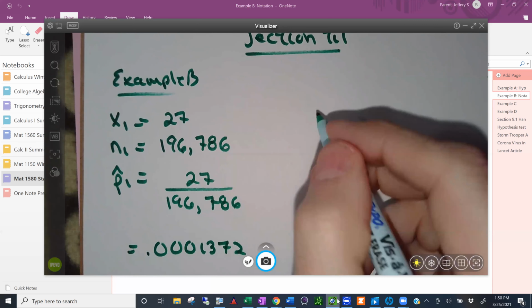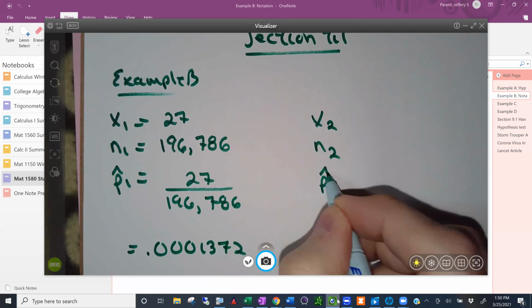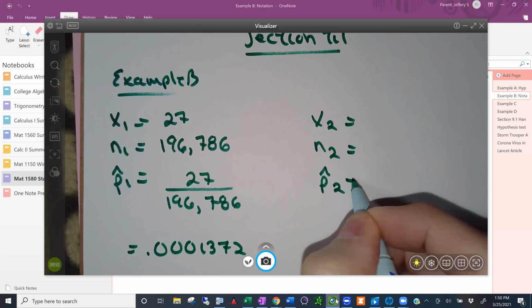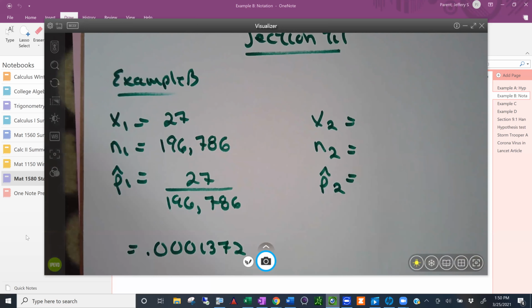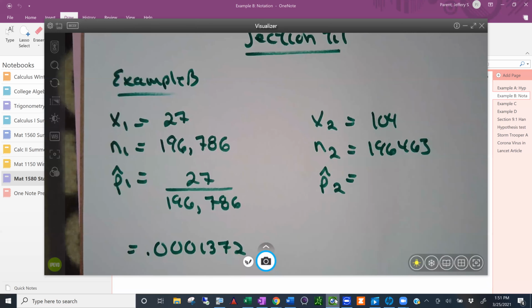Let's cut over here to sample 2. The other 196,463 children were given a placebo, and 104 of those developed the disease. So something like this, 104 out of the 196,463.